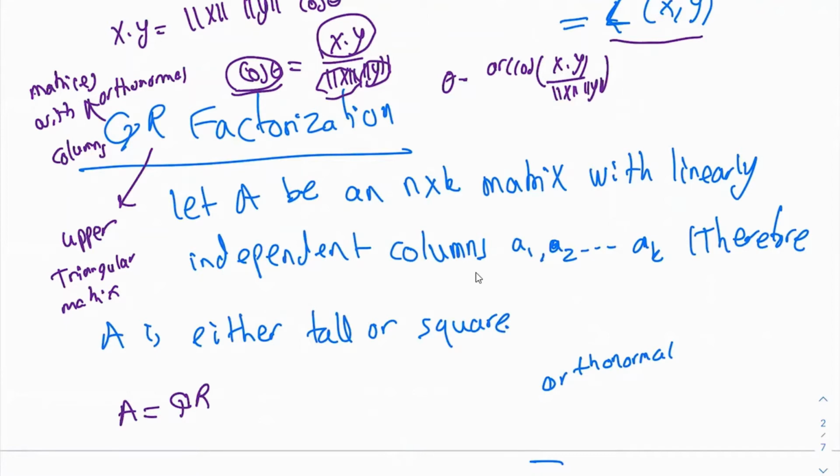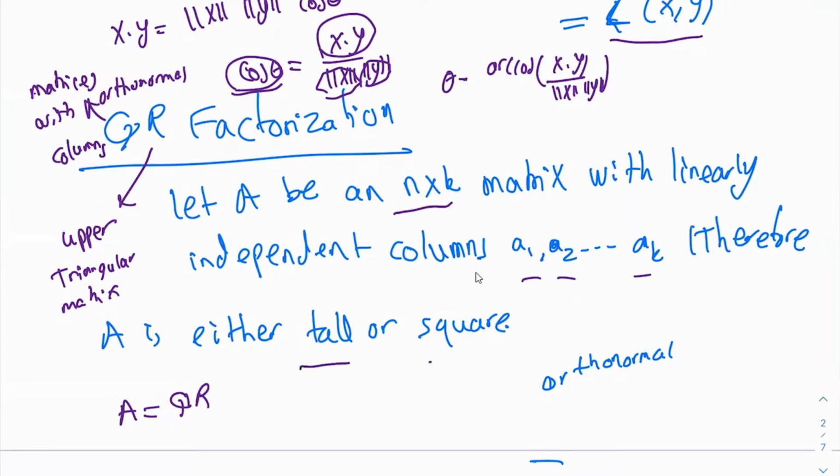So now let's talk about this formally. So let A be an n by k matrix, so it's not square, with linearly independent columns. Okay, the columns are A1, A2, all the way to Ak, right? So since it has linearly independent columns, recall from our pseudo-inverse or left inverse and right inverse video, we know that A is either tall or square.